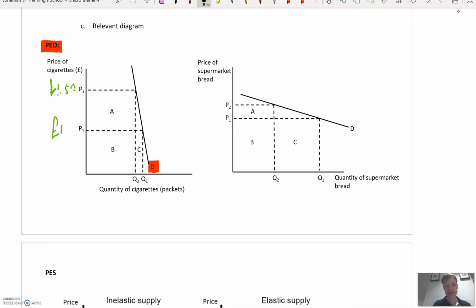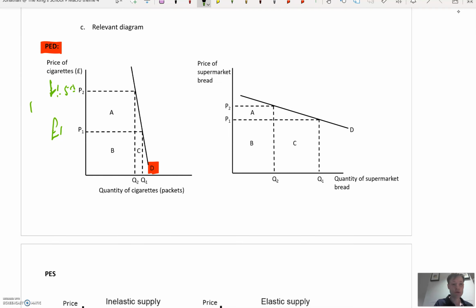You might even be able to put the quantity there as well. Or you could also put in, say, a percentage change there and say, look at that, I divide those across each other and I get a 0.5 elasticity for those.